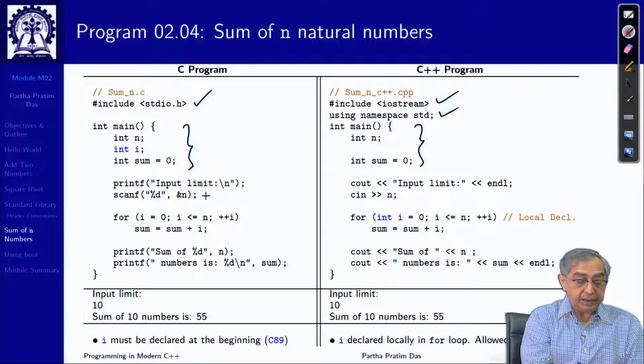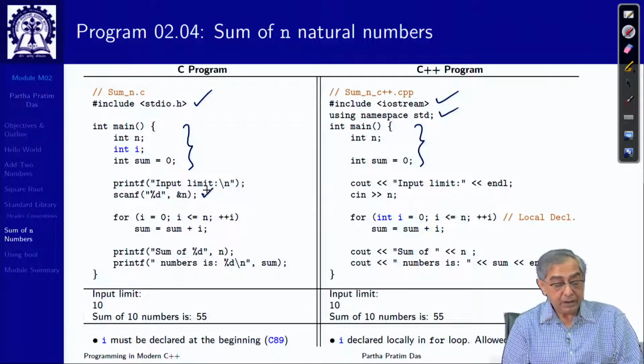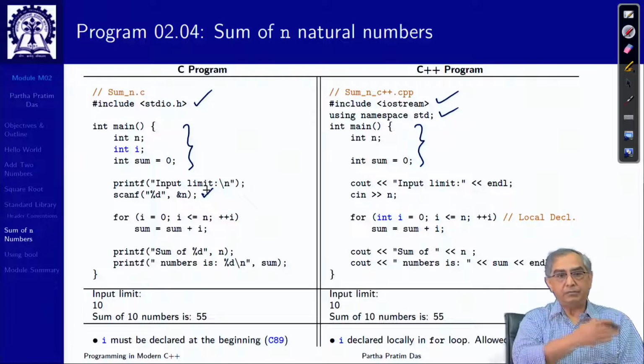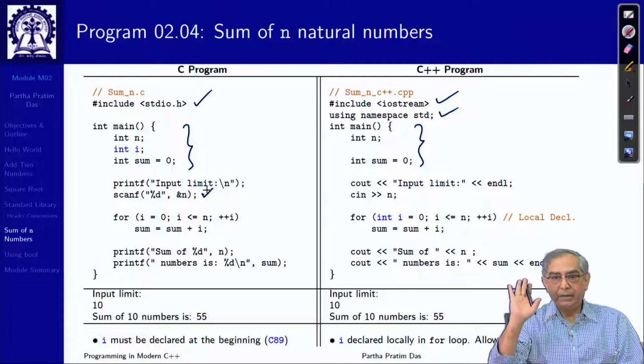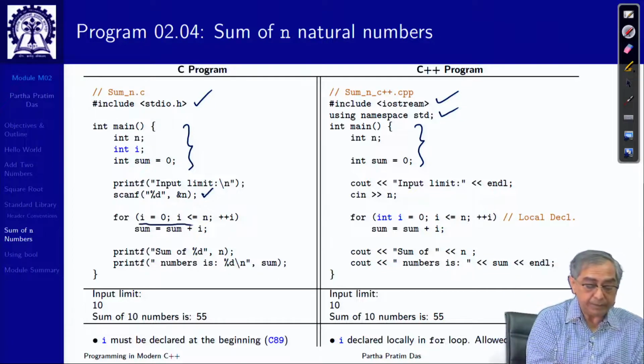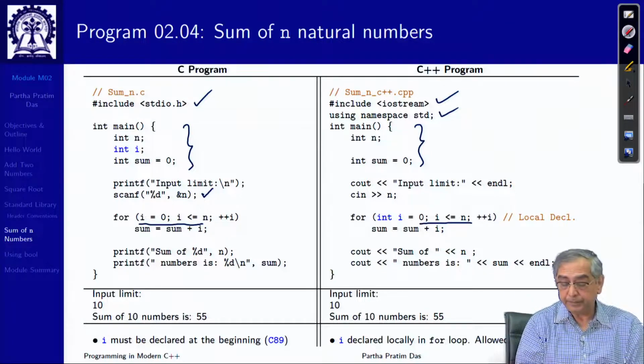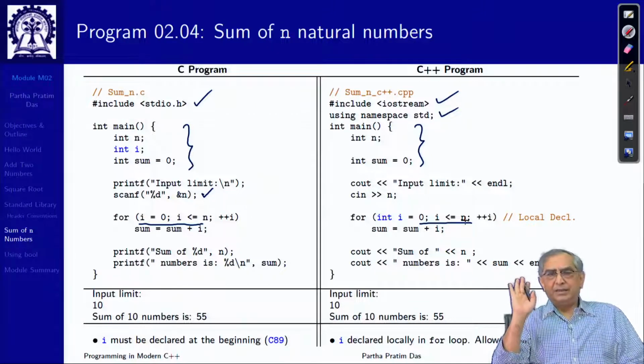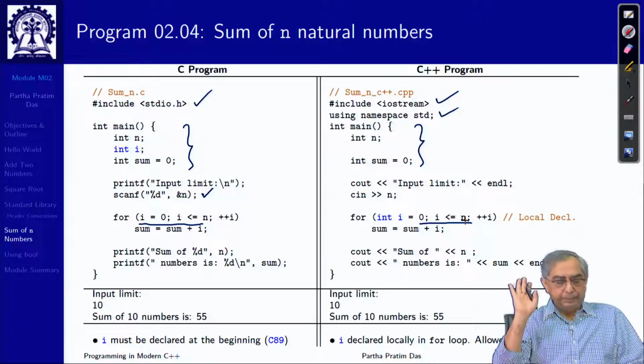I read the number of numbers, and then I say that I will basically do an addition of integers from 0 up to that number. Right? So, that is what I am doing here, and then I will print, which is a very straightforward simple program.